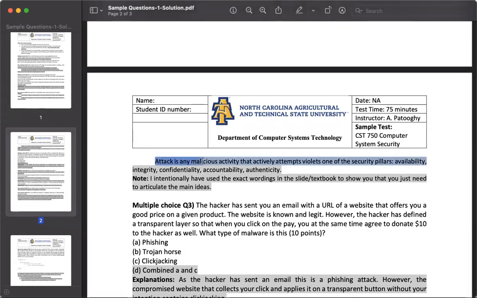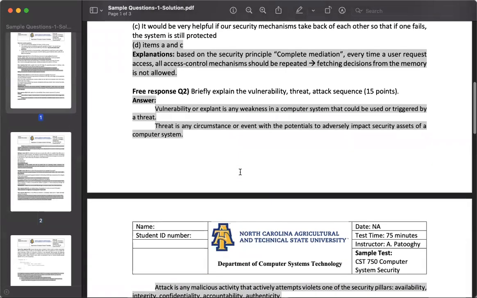So here is the definition. An attack is any malicious activity that actively attempts to violate one of the security pillars: availability, confidentiality, integrity, accountability, or authenticity.